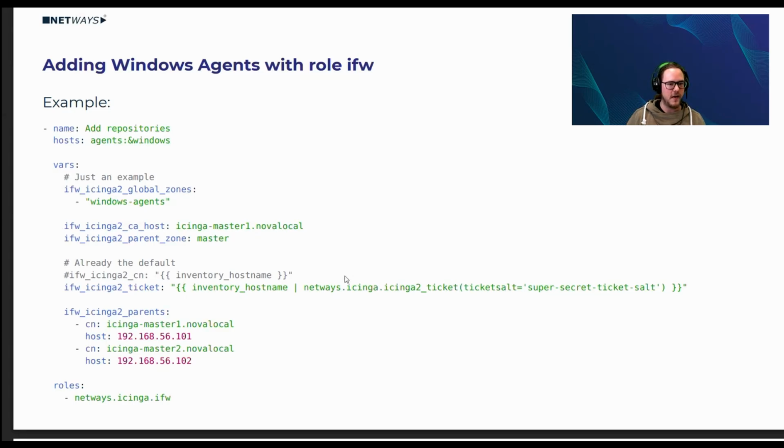And this filter is basically just a Python re-implementation of the same algorithm that Icinga 2 uses, so there's no difference there. And again, you can tell it to refer to your parents, so you actually know with your Windows host, hey, who do I need to talk to? And then you just run the NETWAYS Icinga IFW role.